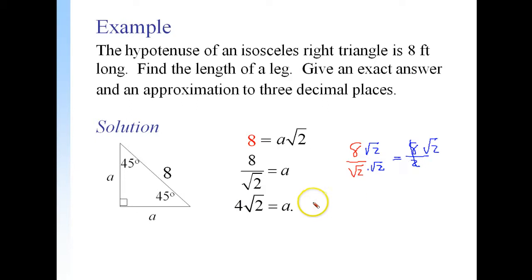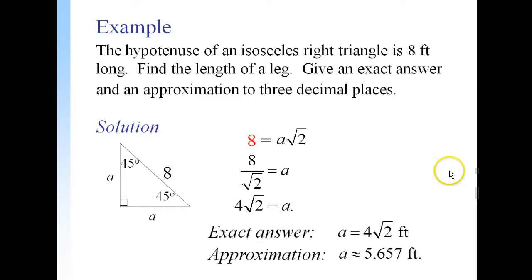These cancel out, and we get then 4 times the square root of 2. So not too bad. Here they're not showing us a lot of the mechanics of it. Now this would be the exact answer. If you put that in and round it to 3 decimal places, it's approximately that.